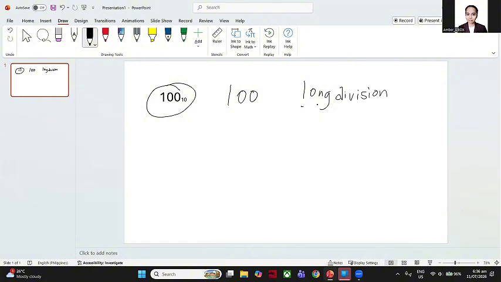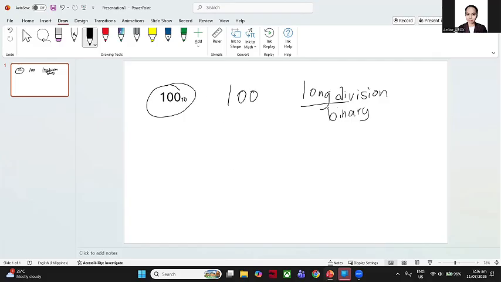So what does long division mean? And why are we going to divide? Because the remainder of each division of this decimal will be our answer in the binary system.